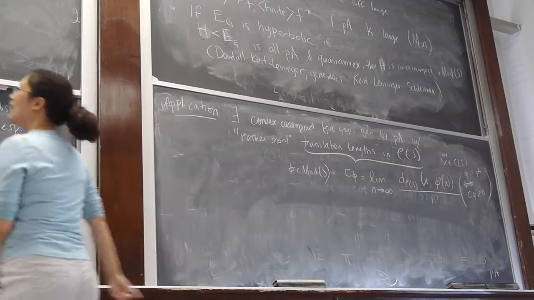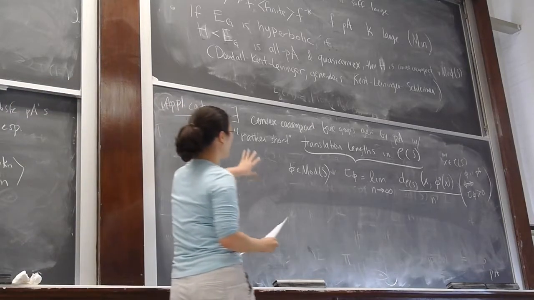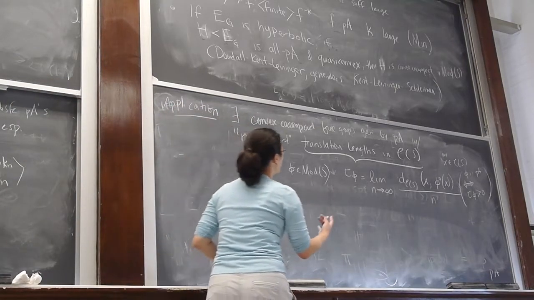So if you think back, I don't know if I have it up here anywhere. If you think back to this picture, we relied on having really far distances in the curve complex, and the point is that this is going to rely on relatively short ones. Okay, so how short is short?